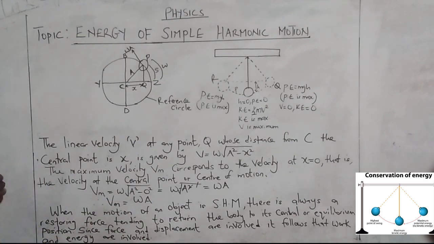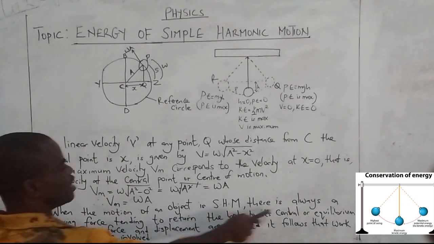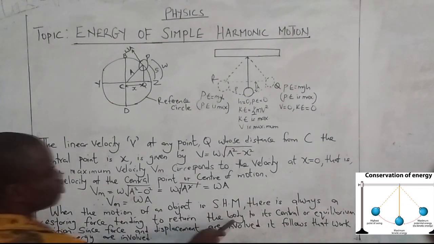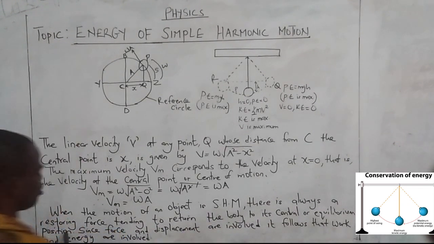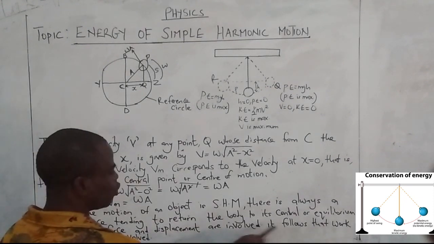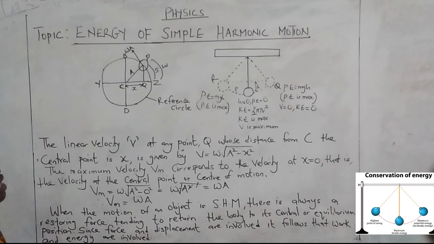When the motion of an object is simple harmonic motion, there is always a restoring force tending to restore the body to a central or equilibrium position. Since force and displacement are involved, it follows that work and energy are involved. Work is force times distance.